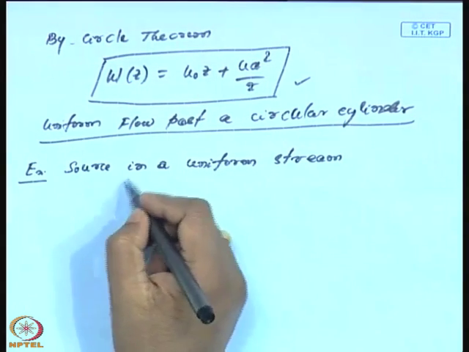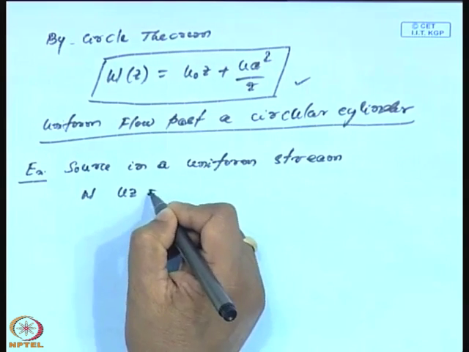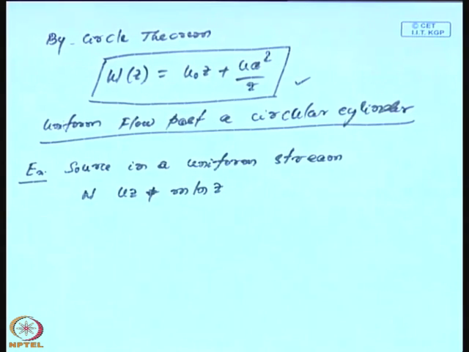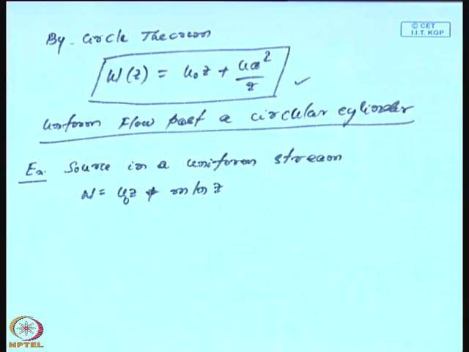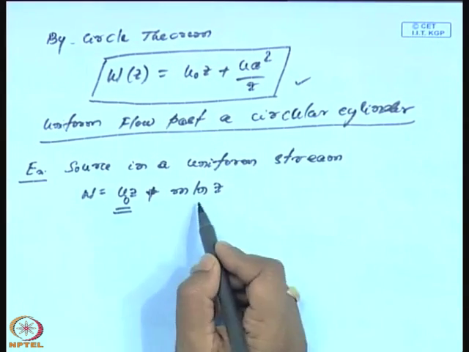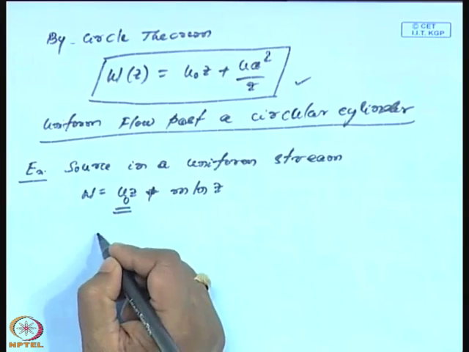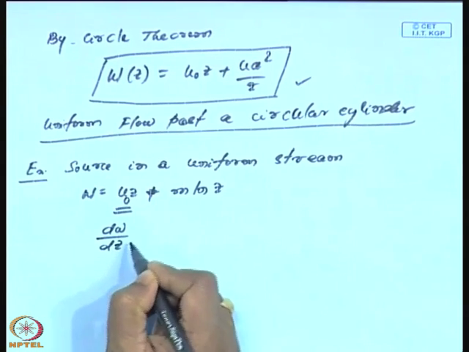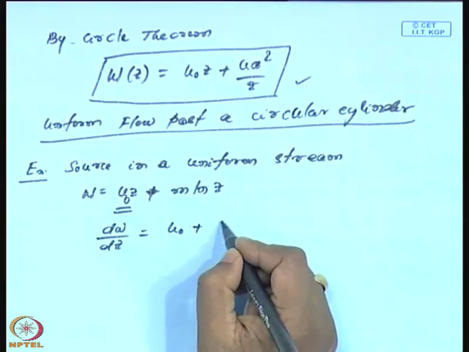So, let me consider W equal to u naught z plus m log z. Initially I had a stream velocity, a uniform flow, and I have added to that a source of strength m. What will happen to this? From this I can get dW by dz, which is u naught plus m by z.